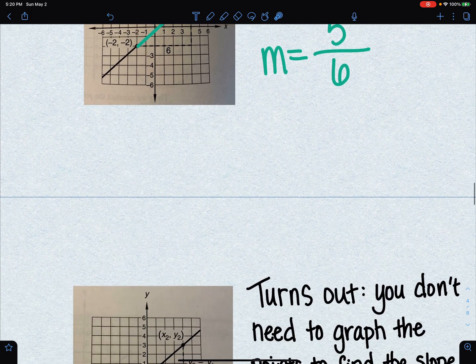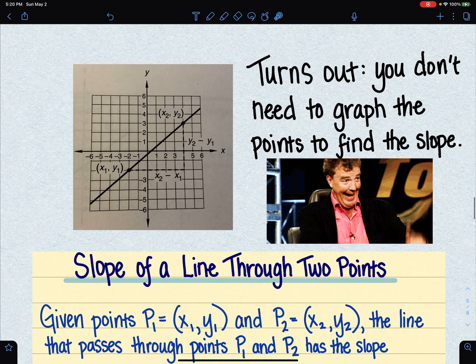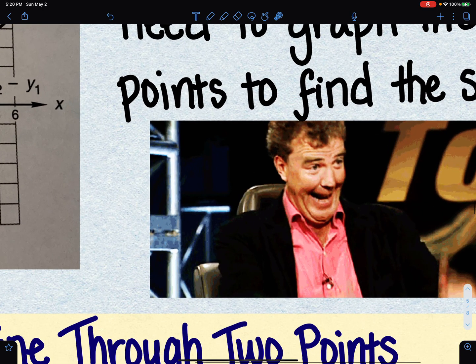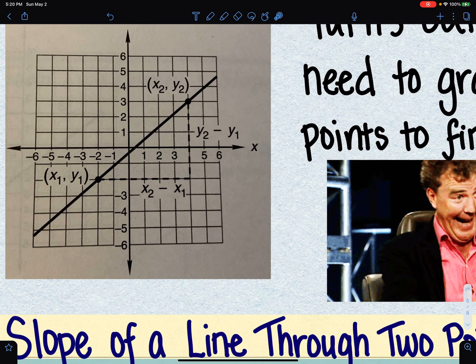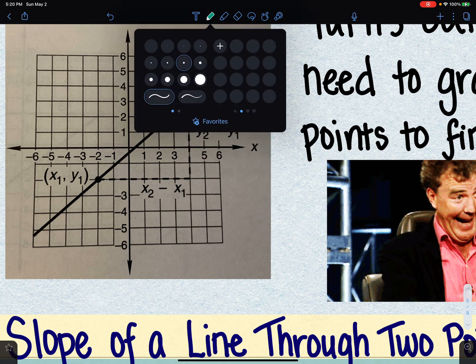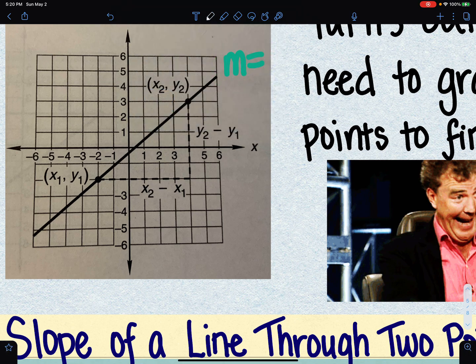All right, now, turns out you don't even need to graph the points to find the slope. Now, you're even more excited than you were before because, you know, who likes graphing? But you don't have to actually graph it because you know that the slope is, let me get a different color that you can actually see on that. The slope is change in y over change in x.